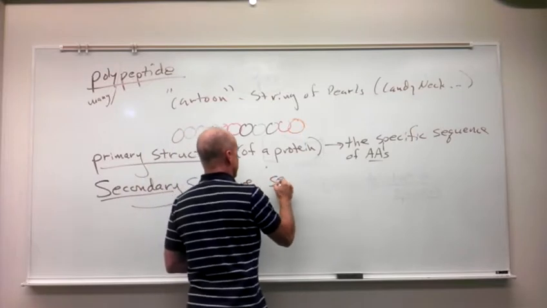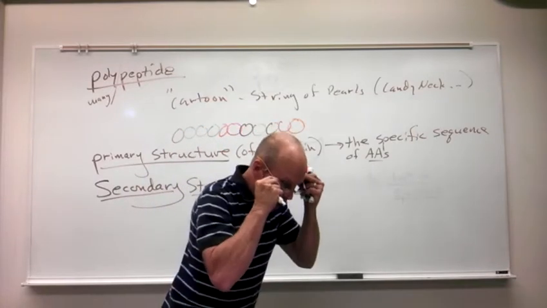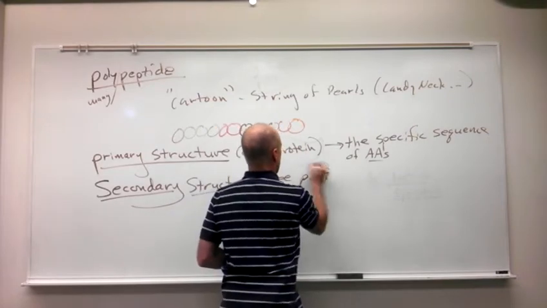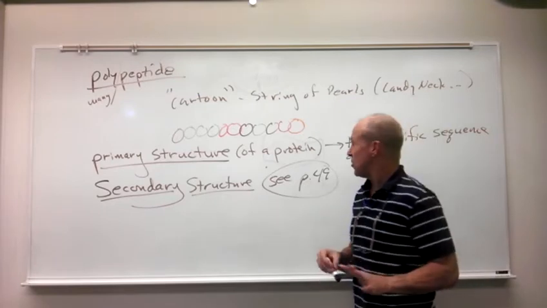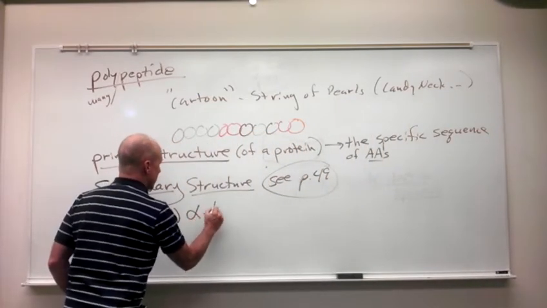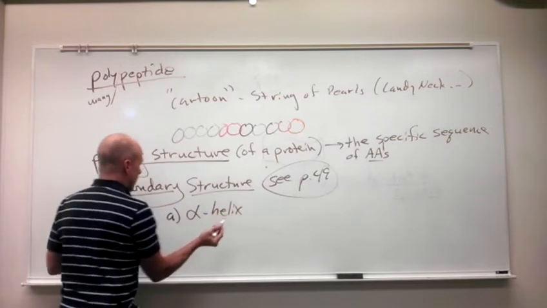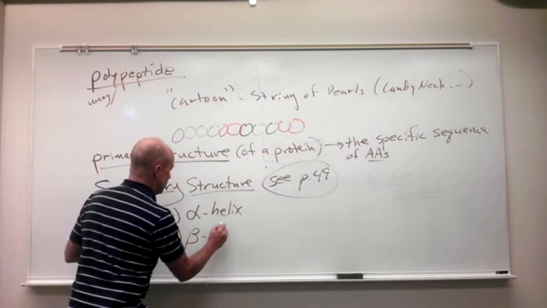See page 49. For secondary structure of a protein, we're going to focus on two things. The first one is what we call the alpha helix, and the second one is what we're going to call the beta pleated sheet.